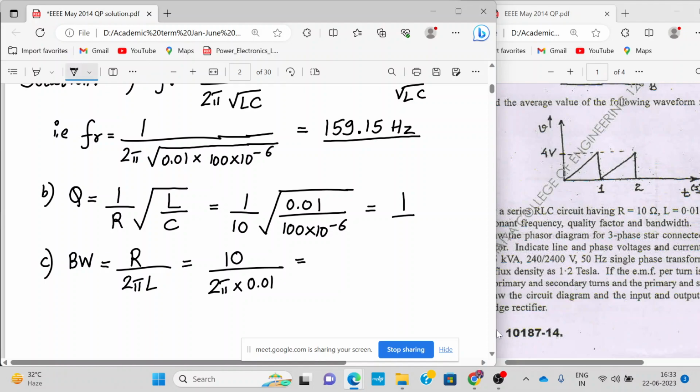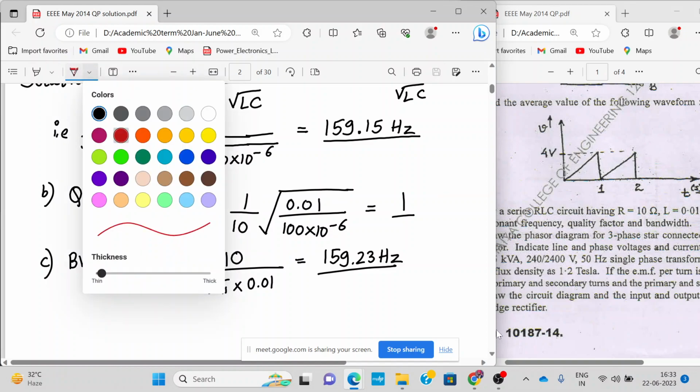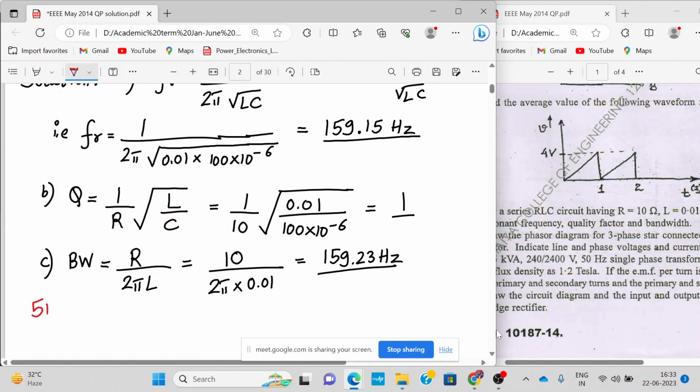Bandwidth will be closer to your resonant frequency, nearby. 159.235. Okay, similar to this you are getting, right? Yes, sir. Yeah, it's correct. So again, if they ask you in the exam, this will come for 5 marks, and this should not take more than 10 minutes.